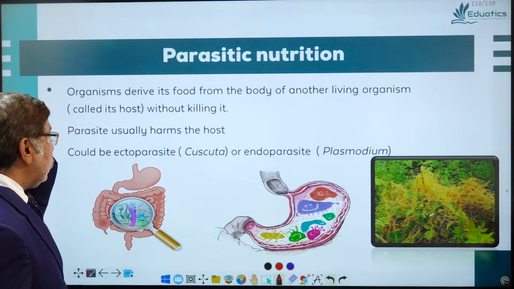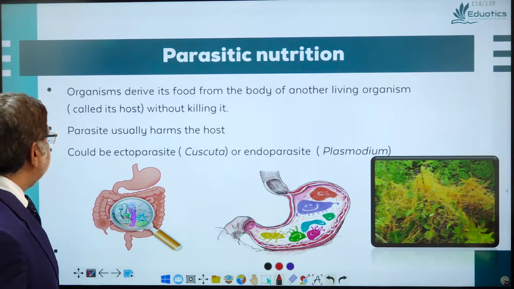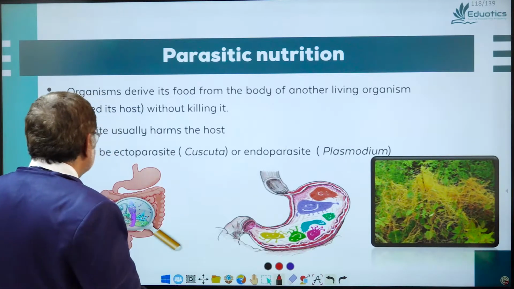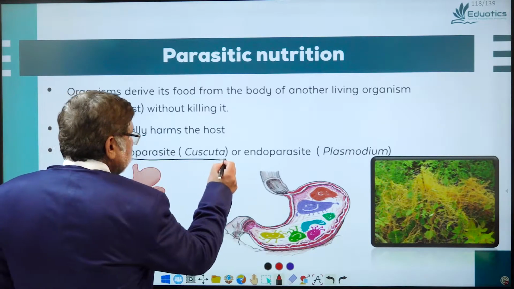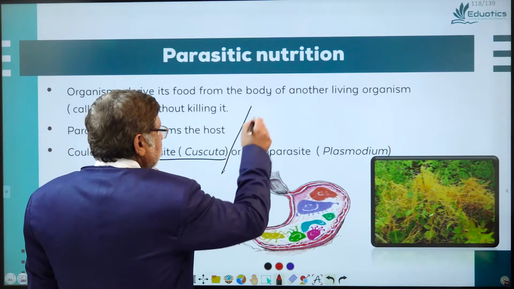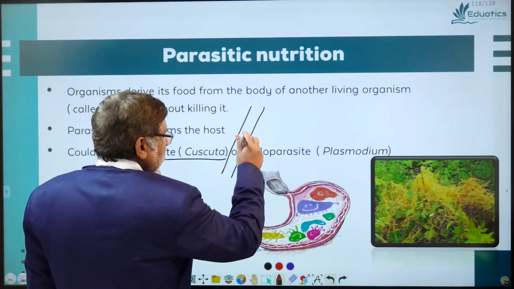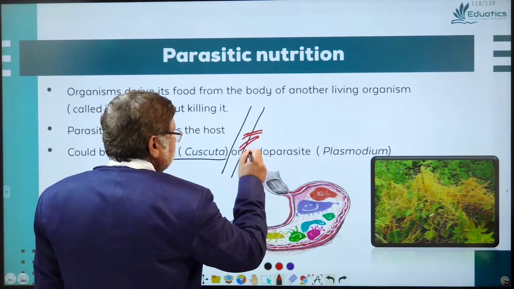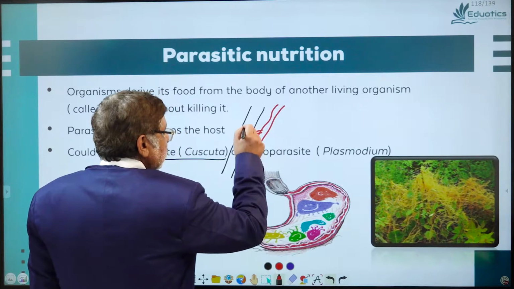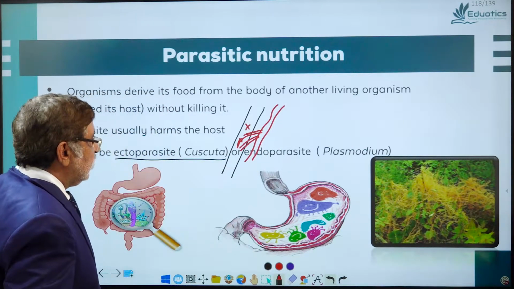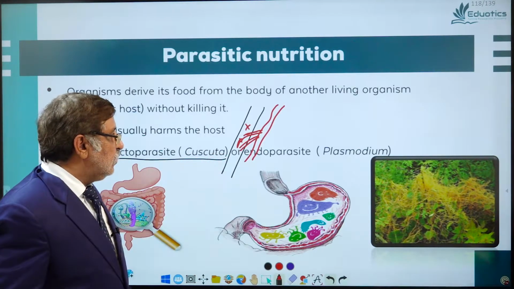Parasitic nutrition, we can have ectoparasites, we can have endoparasites. Now ectoparasites like Cuscuta, Amarbel, what it does, it produces its roots known as haustoria in xylem and phloem components of the plant, and themselves don't prepare any food.